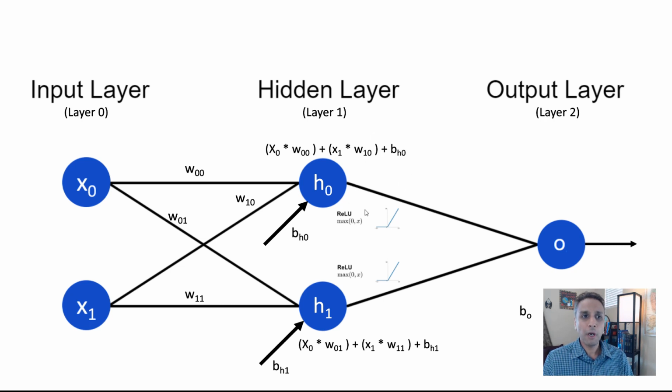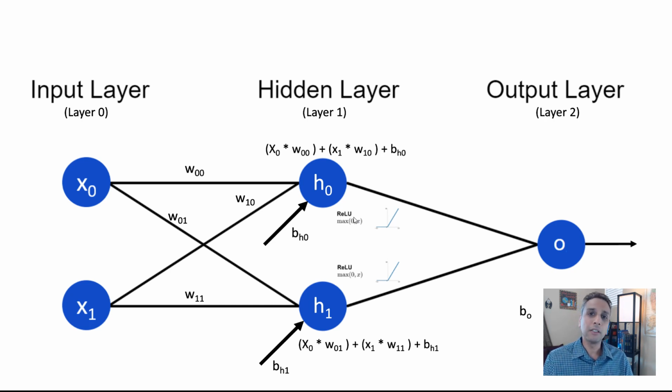If this value is positive, then it just reports the positive. So the ReLU activation function is nothing but the maximum between 0 and this value. Below 0, the value is 0, and above 0, for a value of x, the output is equal to x. So that's all an activation function is.